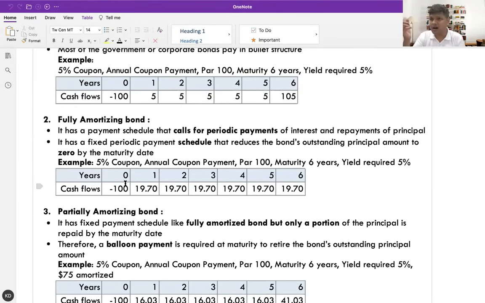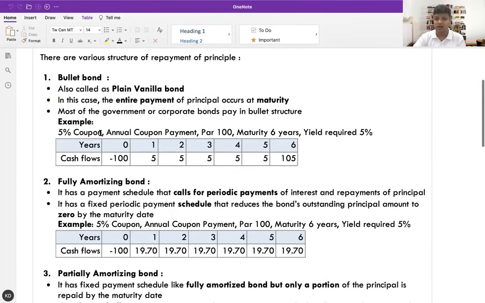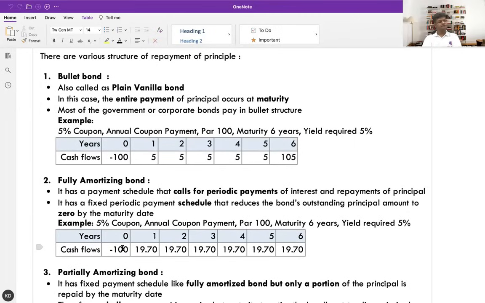So where will the principal be paid at one shot? In a bullet bond. In equal installments in the fully amortizing bond. Clear? Tell me one thing, where would the total amount of interest paid by the borrower be higher, in a bullet bond or in a fully amortizing bond?